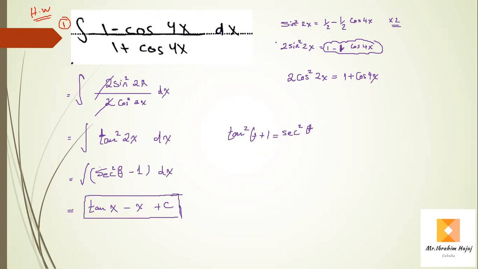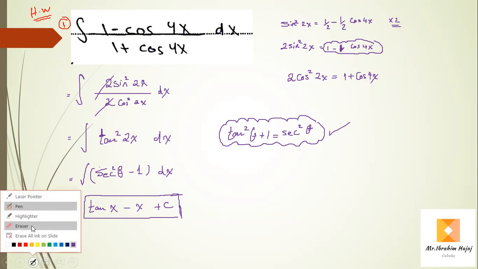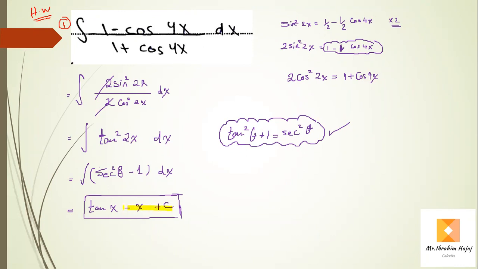Okay. Any question? So also we used this fact that tan squared. Yes, Abdurrahman. Yeah, I'm back. Okay, nice. I will check your answer here. Check your homework. First question, the answer is tan x minus x plus c.